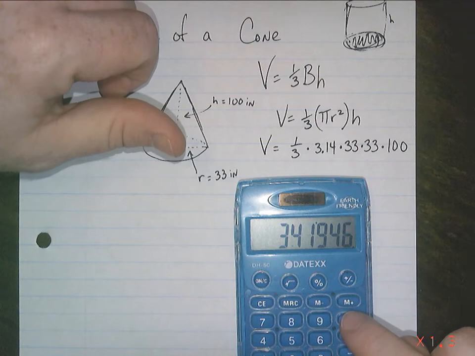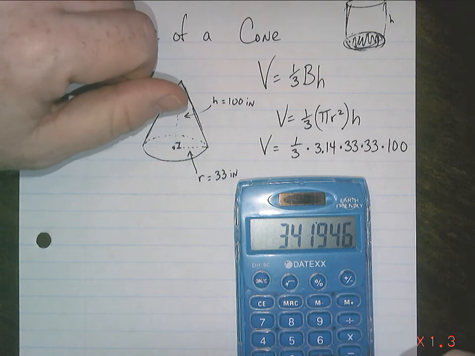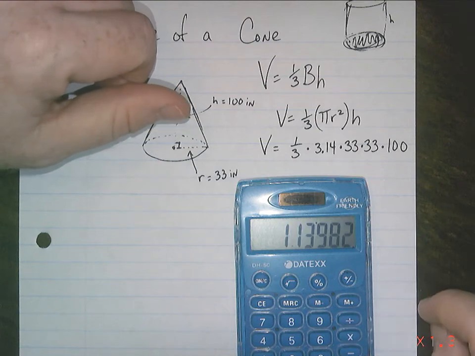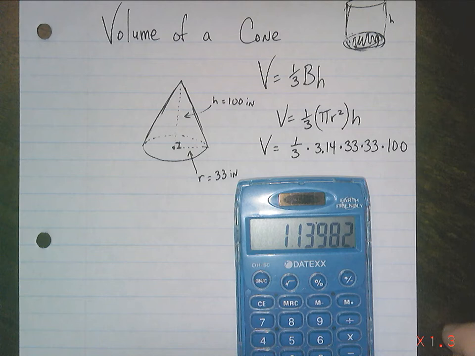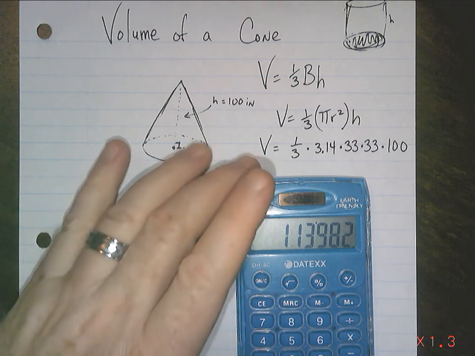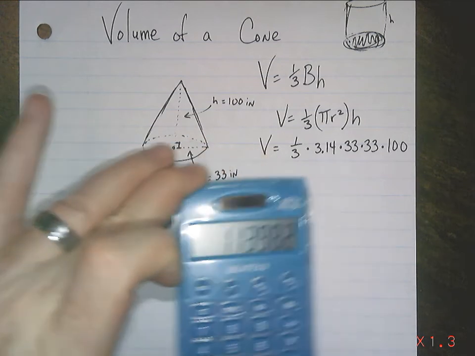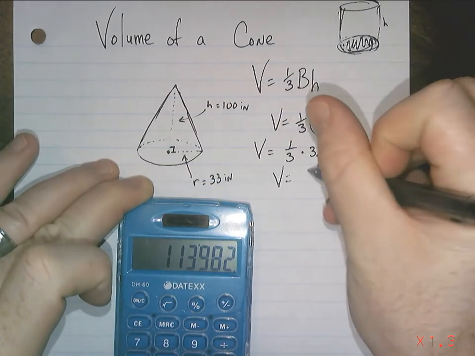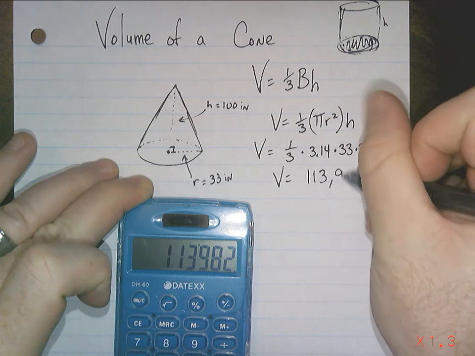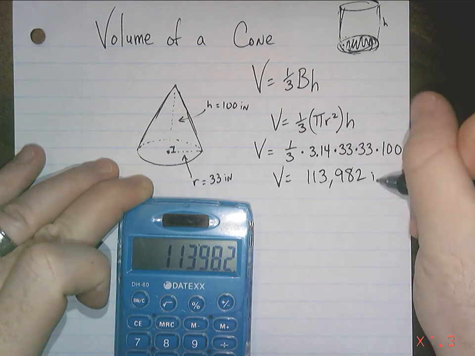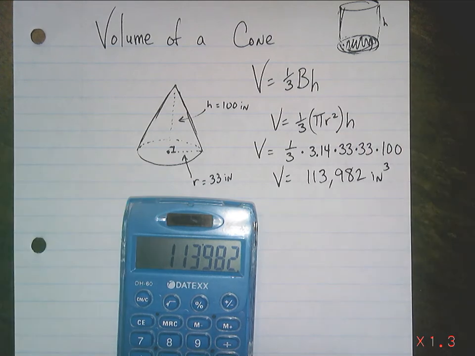So 1/3 means divide by 3, basically. It is a long number, 113,000, it's pretty big. Okay, 113,982 inches cubed.